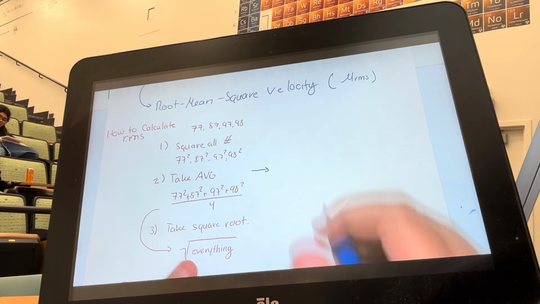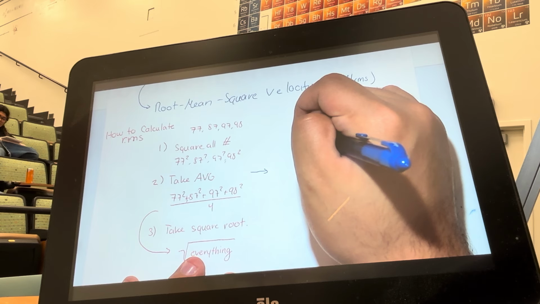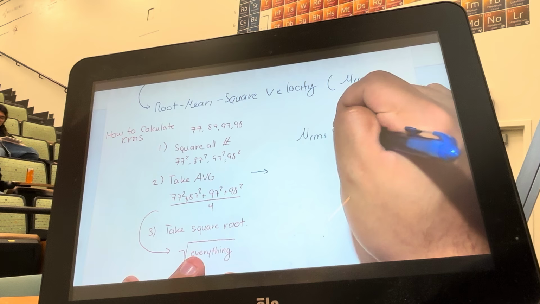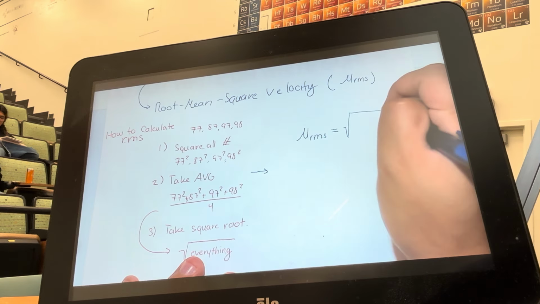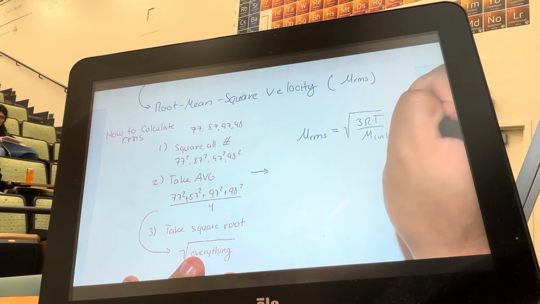At the end of the day, there is an equation in chemistry called the root mean squared velocity. And I always write in kilograms to remind myself.